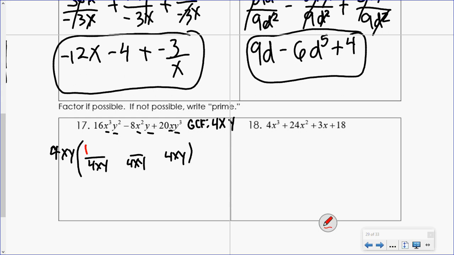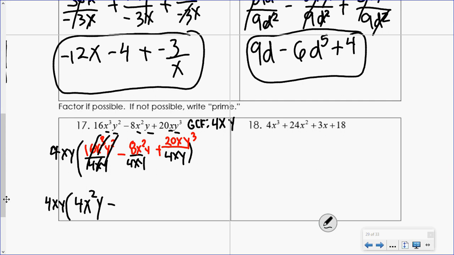So on the top, I should have 16x cubed y squared minus 8x squared y plus 20xy cubed. So going from left to right, 4xy, my greatest common factor, just drops down. 16 divided by 4 is 4. X cubed divided by x leaves me with x squared. Y squared divided by y is y.